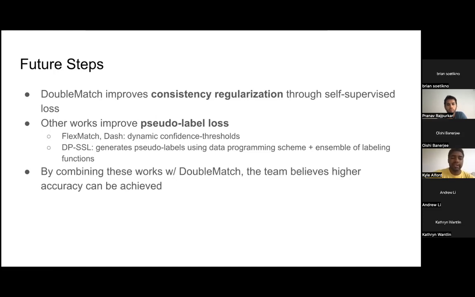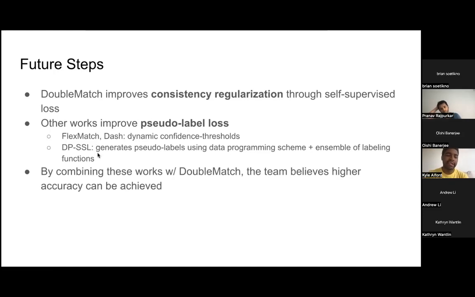And so looking at things like FlexMatch and Dash, they focused on using basically a dynamic confidence threshold. So instead of having the static threshold in the diagram I showed earlier for the probability distributions, it is basically making that dynamic, a moving state rather than static.